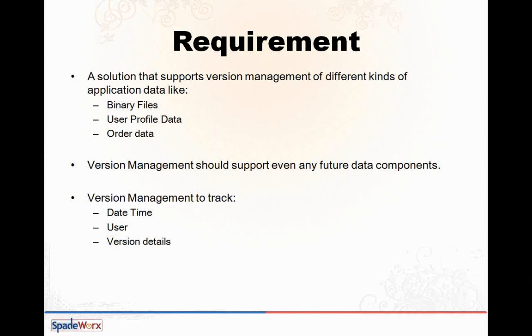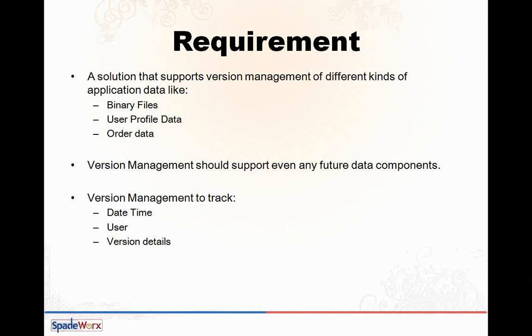So the moment a user changes his profile information, the previous profile information should be saved as a version in the version management system, so that in future at any given point of time the historical data of a .NET object or of a file can be easily pulled out and used for any future reference.